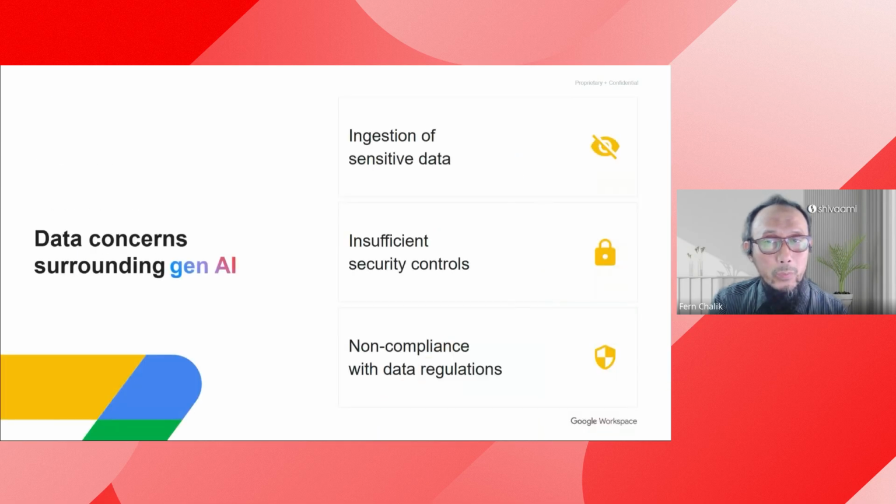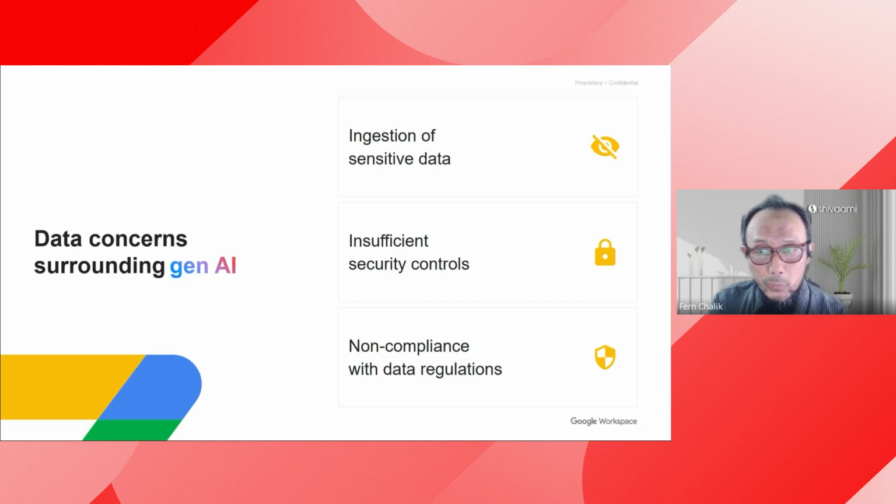So when we discuss what generative AI means, organizations usually have three main data concerns, and Google Workspace with Gemini is designed to address each one. First is ingestion of sensitive data. A common concern that we hear, based on our research, is that confidential information will be exposed if fed into an AI model.